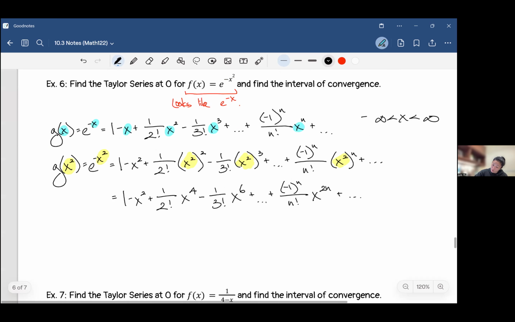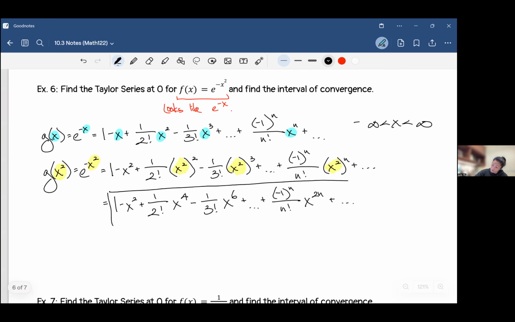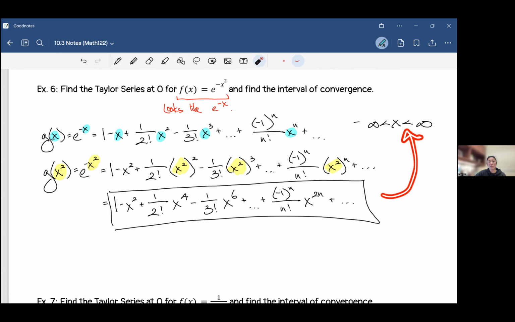This is our Taylor series that we're looking for. And because the original interval of convergence was everywhere, we still have the same interval of convergence.